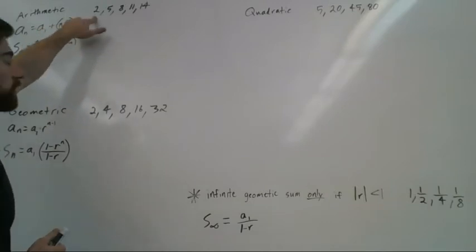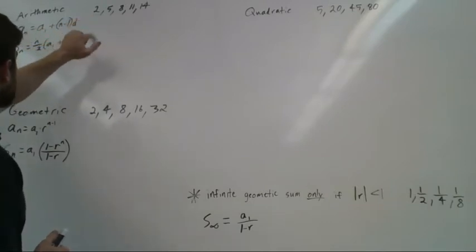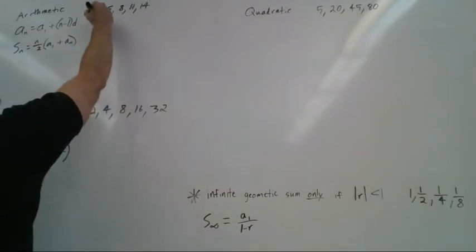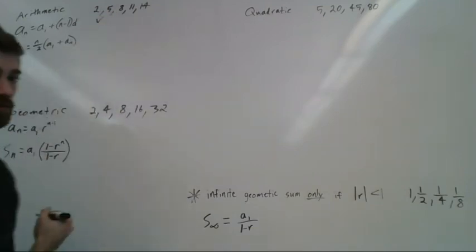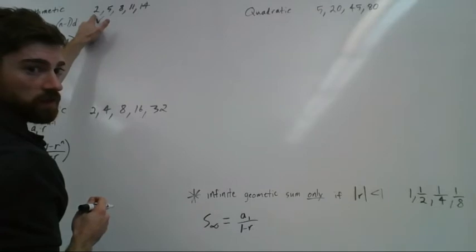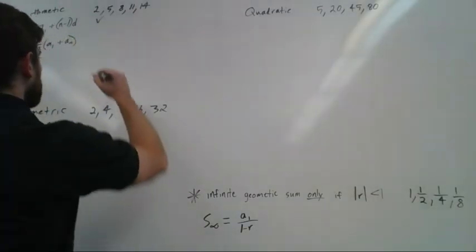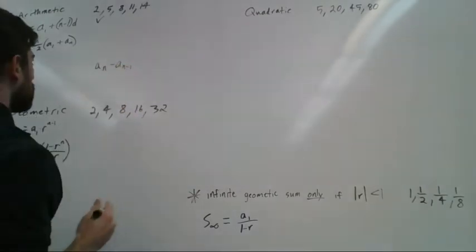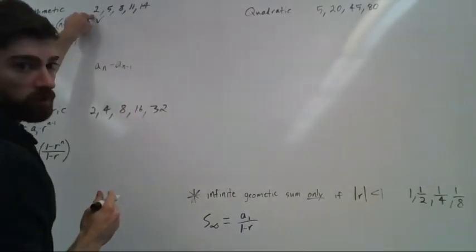a_1 then would be the first value, which would be 2, and d is the common difference. When we find the common difference, we take the difference between two values, so a_n minus a_(n-1). That's kind of an overly complex way of just saying take the number minus the number before it.